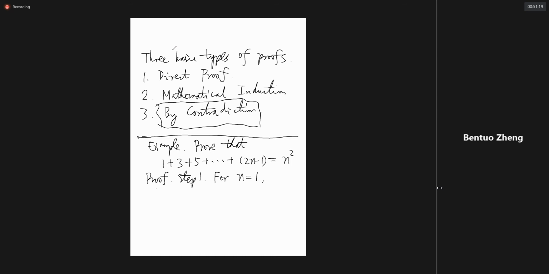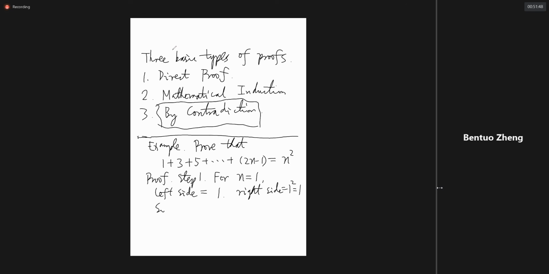So the left side, when n equals 1, has only one term. It's just 1. And the right side is equal to 1 squared, which is also equal to 1.